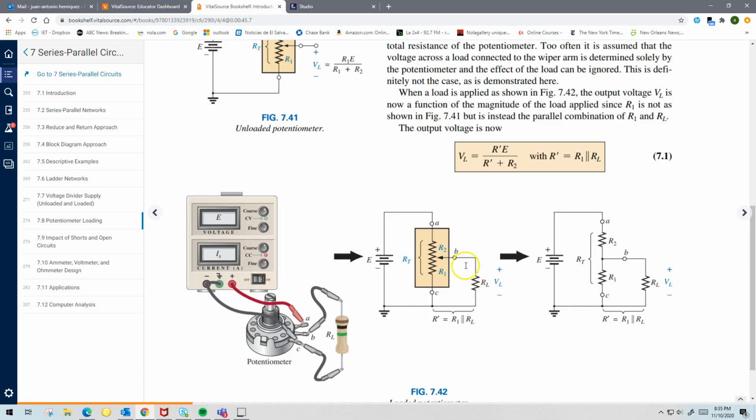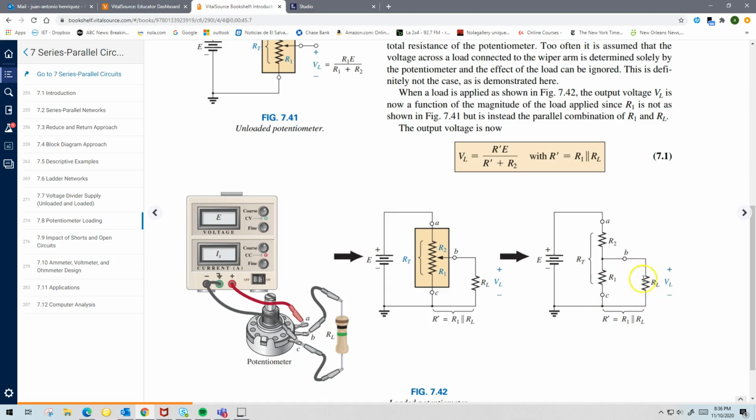Because if you notice, that voltage across the load, if you use voltage division, is going to be equal to whatever that resistance is times the voltage that splits, added to the sum of the two, which is this same expression here. Look, this resistance R1, or R prime, I should say, because I'm looking for this voltage.